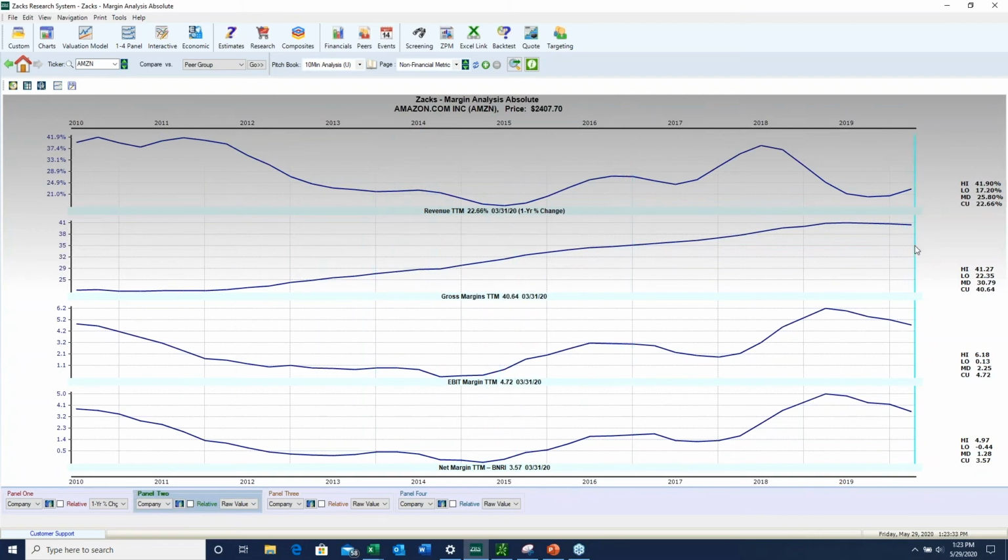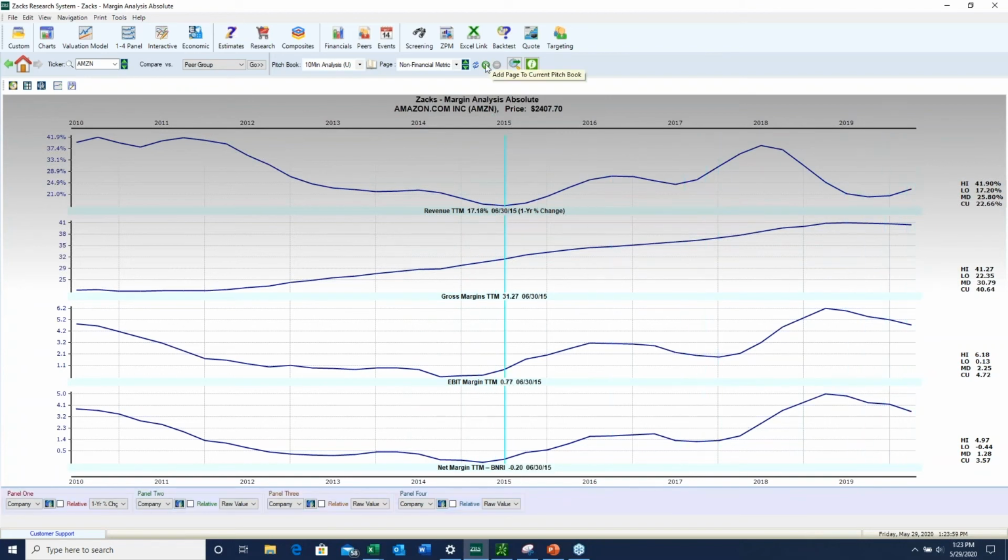And again, you can see that that's attributable directly to AWS. You can see EBIT margins as well have actually been going down as they invested in AWS in the early years. And now it's actually up to over 4%. And that's been the reason why net margins have gone up significantly as well, from very, very small numbers to 3.5% or so.